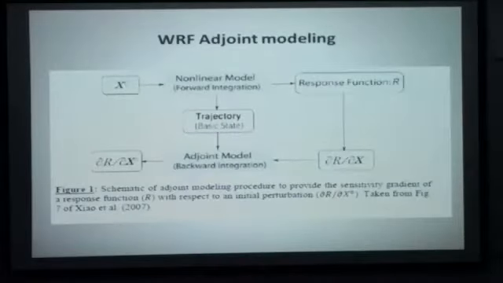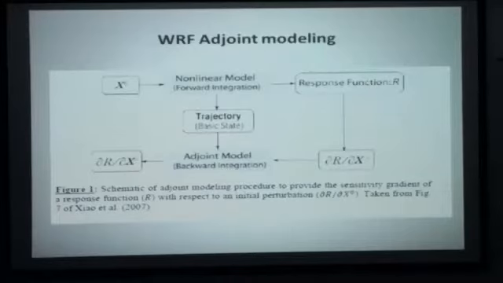So then we also did adjoint modeling, which gets at this issue of determining the forecast sensitivity. This is the process where we run WRF forward as a nonlinear atmospheric model. We determine what's called a response function in a specified geographic area. This could be something related to convection. We chose, for example, moisture flux convergence. We also chose some other variables, which I'll discuss in a minute.